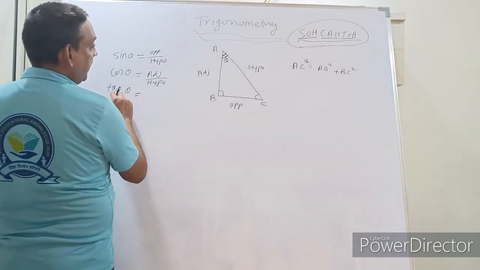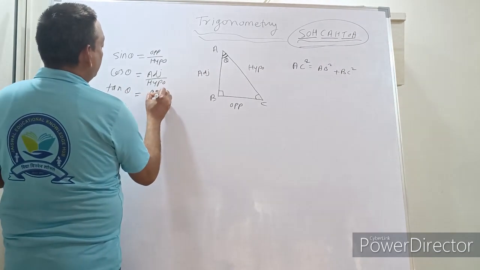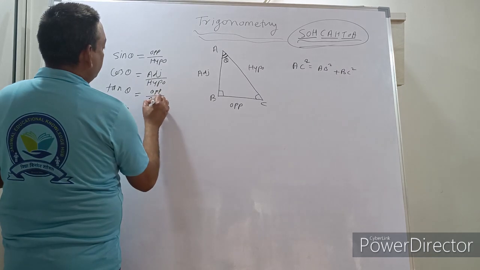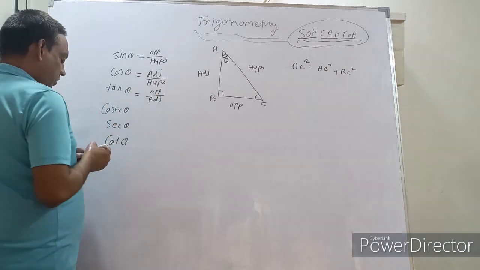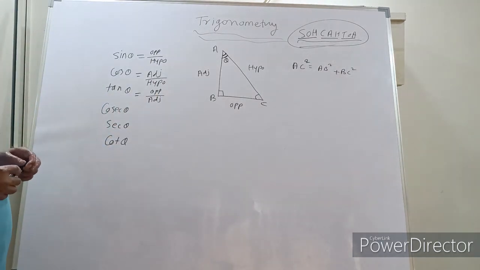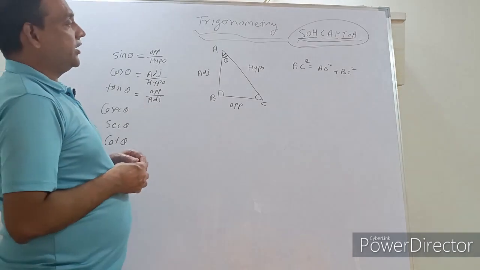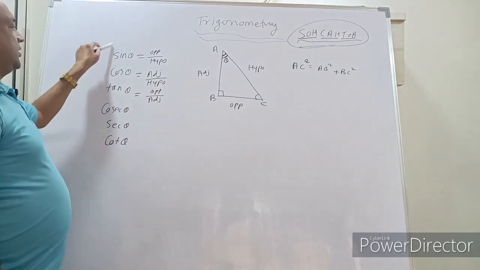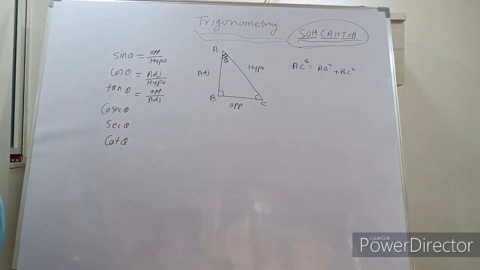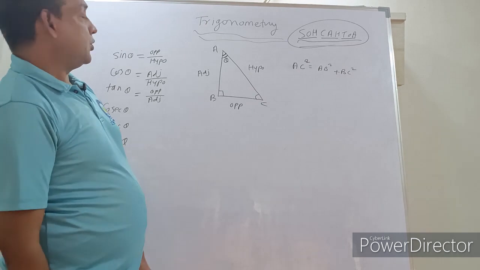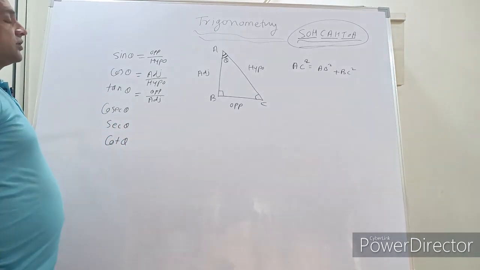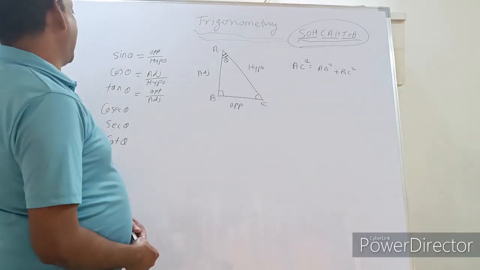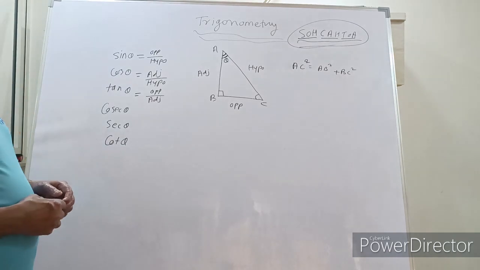TOA means tan is opposite over adjacent. So whenever they give any triangle, the first 3 trigonometric ratios are sine, cos and tan. Sine is opposite over hypotenuse, cos is adjacent over hypotenuse and tan is opposite over adjacent.